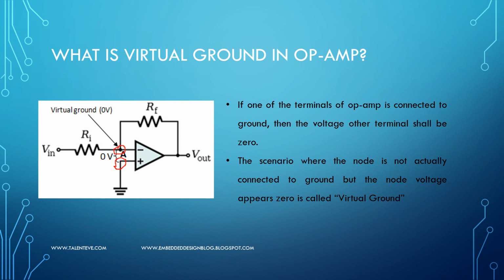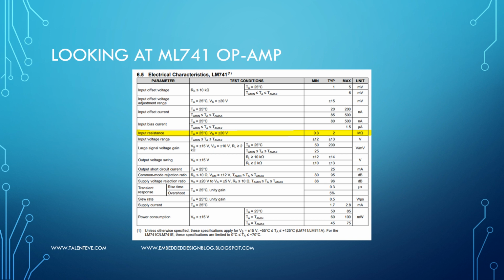So even though you have not connected this terminal to the ground, the op amp behaves as if there is a virtual ground there. That is why we call it virtual ground, because in reality it has not been connected to the ground, but there is a virtual ground. So this is what virtual ground means in op amp.